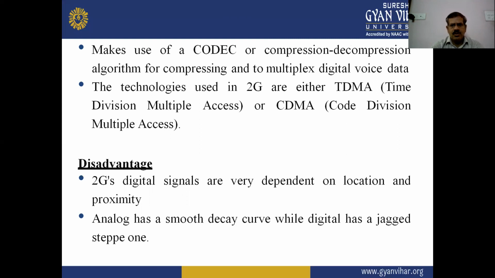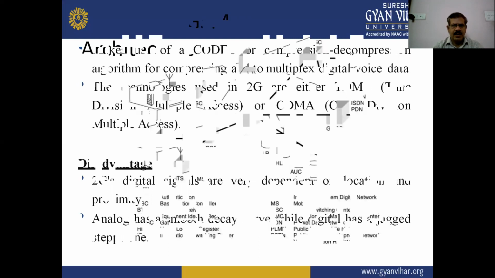So these are two techniques, CDMA and TDMA, used in 2G technology. What are the disadvantages? 2G digital signals are very dependent on location and proximity, and analog has a smooth decay curve while digital has a jagged step.